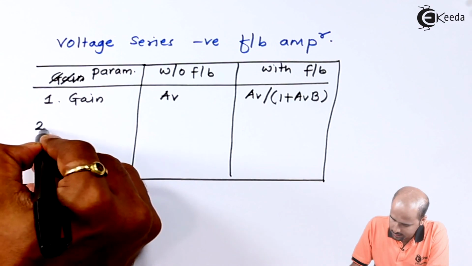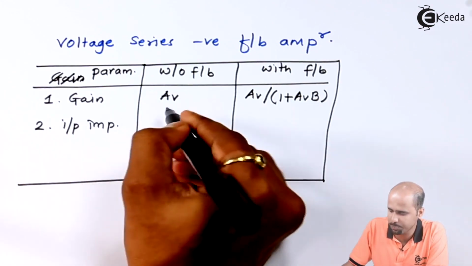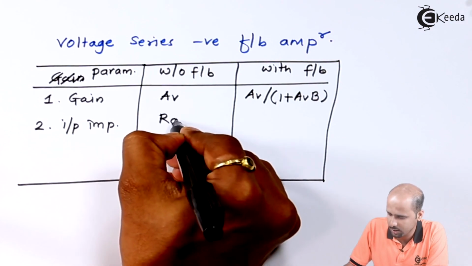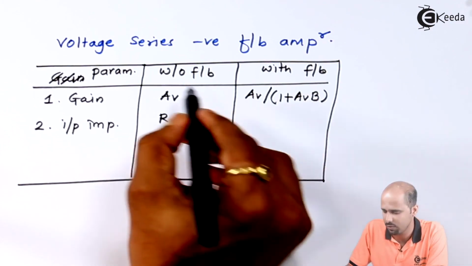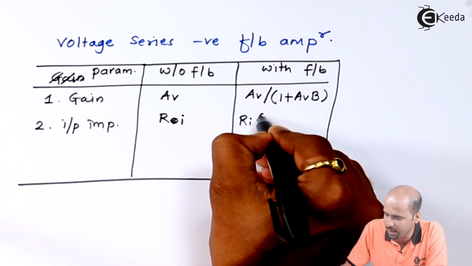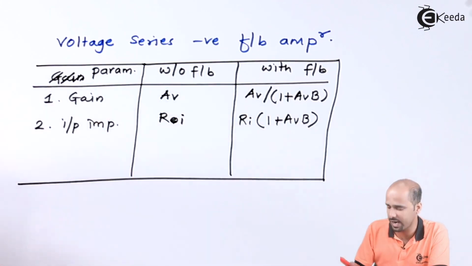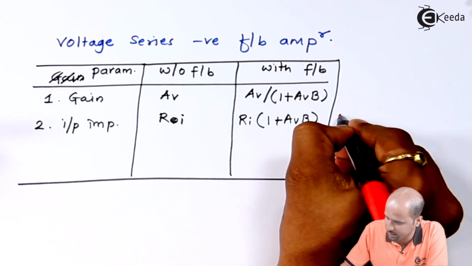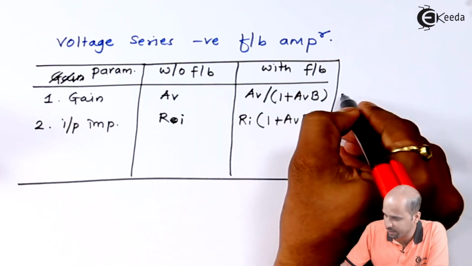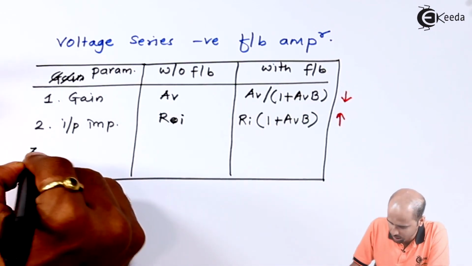Second is input impedance. As far as input impedance is considered, it's nothing but Ri without feedback. With feedback, I will be getting Ri into 1 plus AV into B. It means that input impedance increases, and gain decreases. Let's see what about your output impedance.